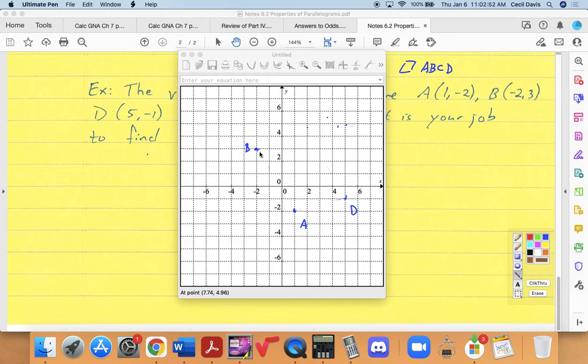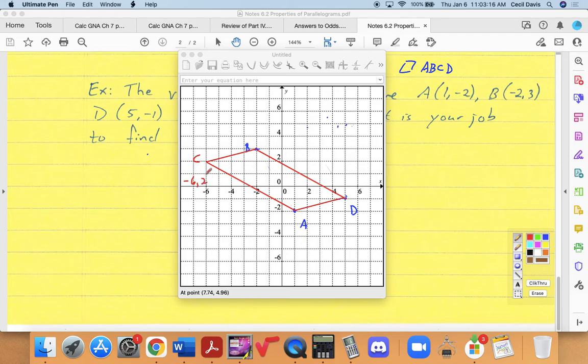If you connect B to D, and then A to D, that's down 1 and to the right 4, and you go, okay, C is at -6, 2.